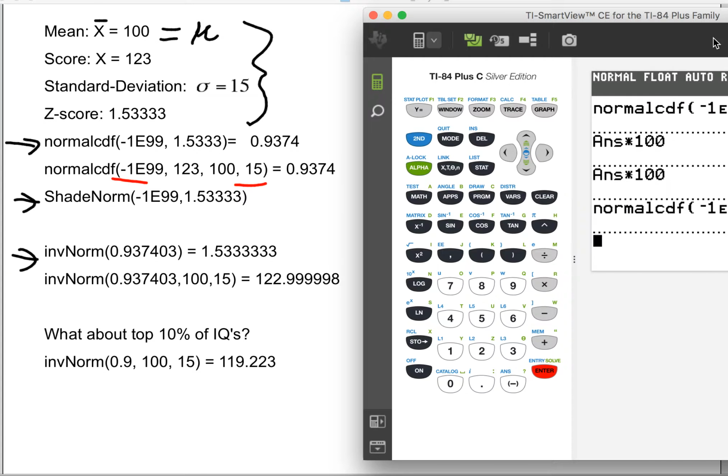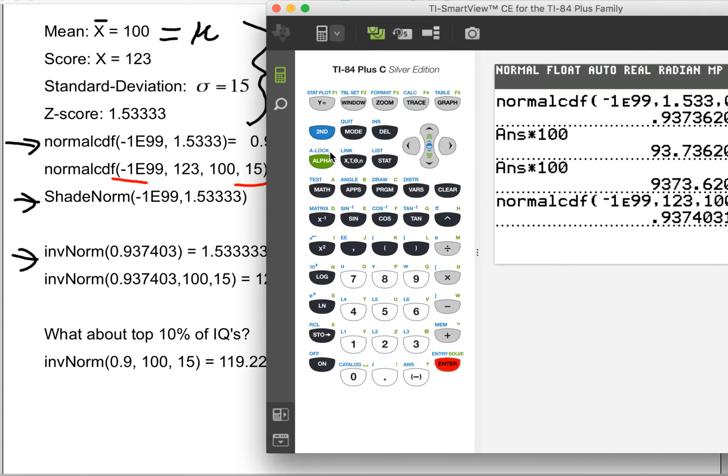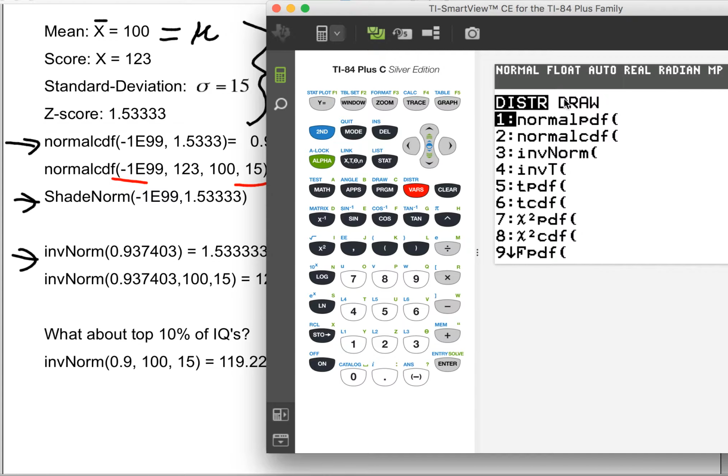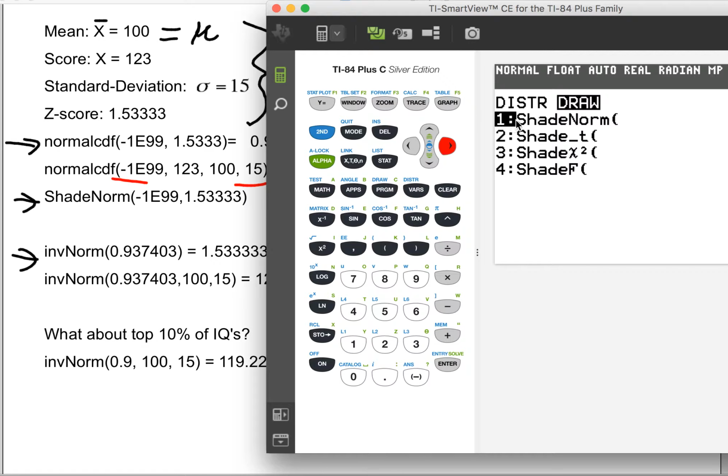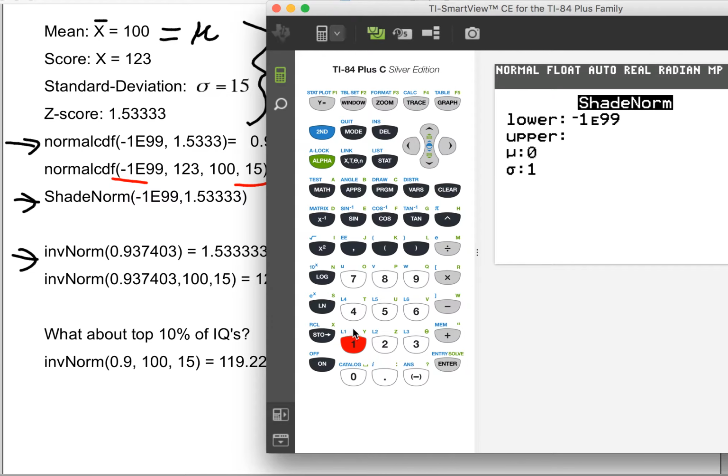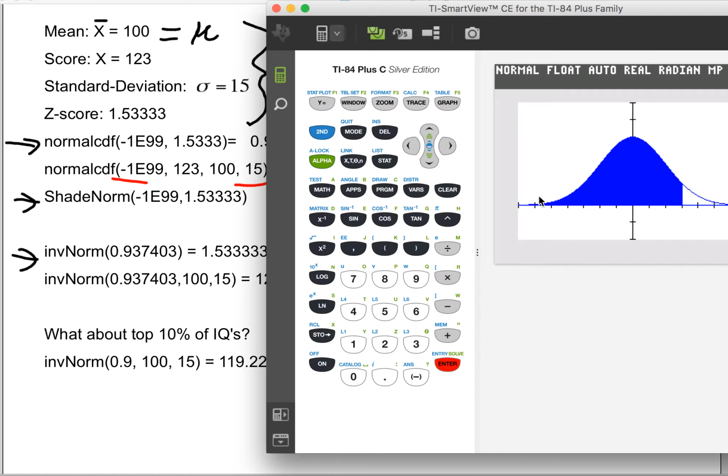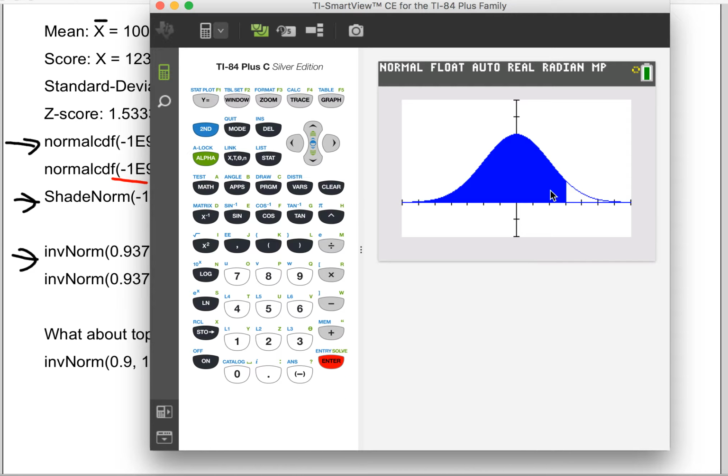Shade norm is sort of neat, but you do need your z-score. So I'm going to put in an upper limit of 1.53333 and go down and paste that in, and there you have it, a little diagram of what that actually is referring to.